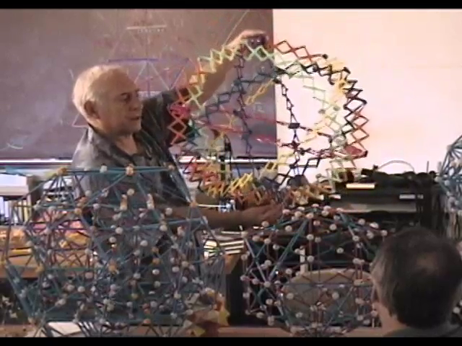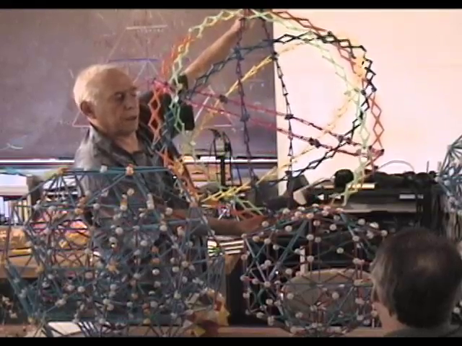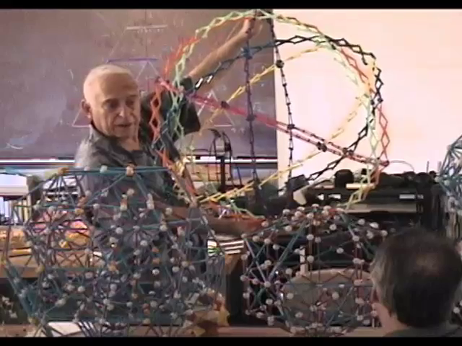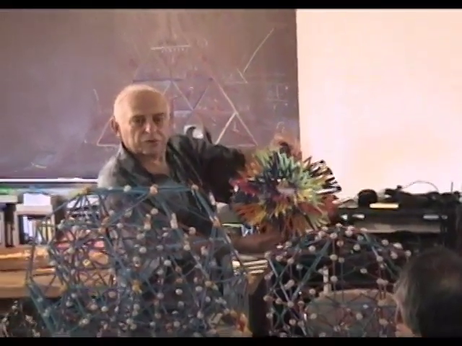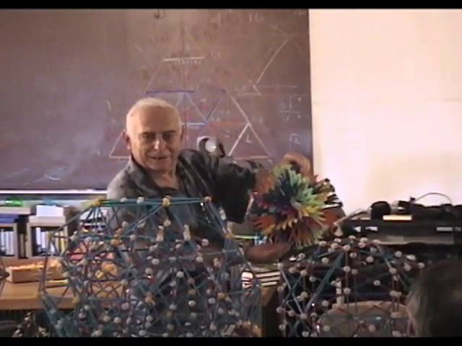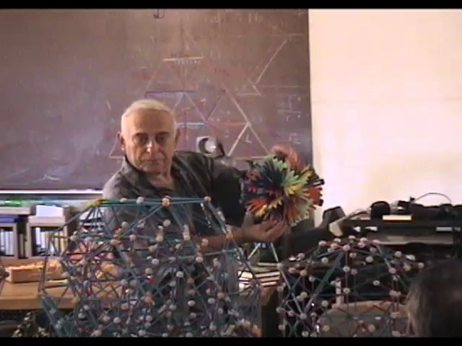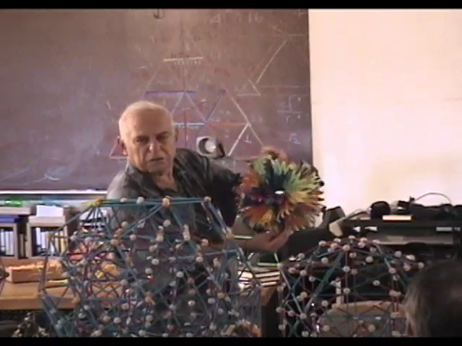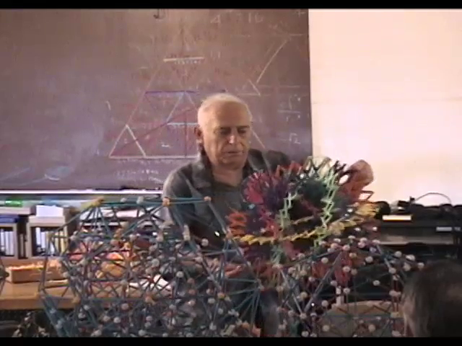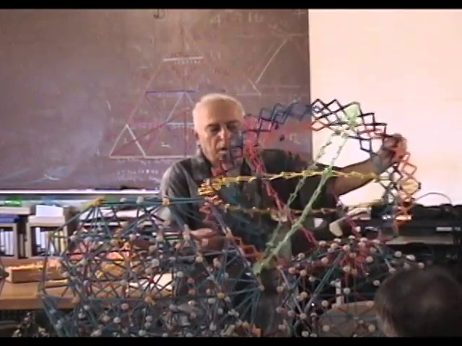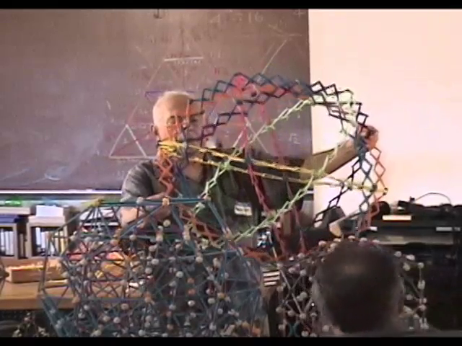You can begin to see the vertices, which are almost unimportant at this size. Once the size gets smaller and smaller, the vertices start dominating, you see. And now you have a tricontahedron in the center. All those 30, and you can actually feel the solidity of that.